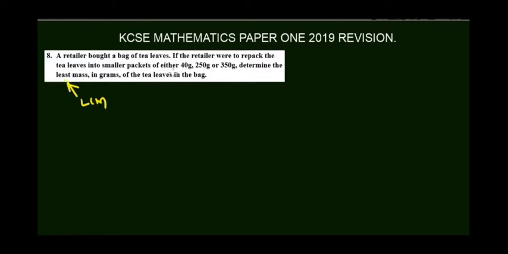In order to get the LCM of 40, 250, and 350, we can express the numbers as a product of their prime factors. So we had 40 being 2 cubed by 5, and 250 will be 2 by 5 cubed.